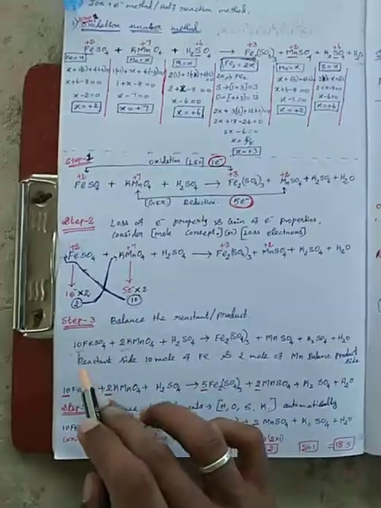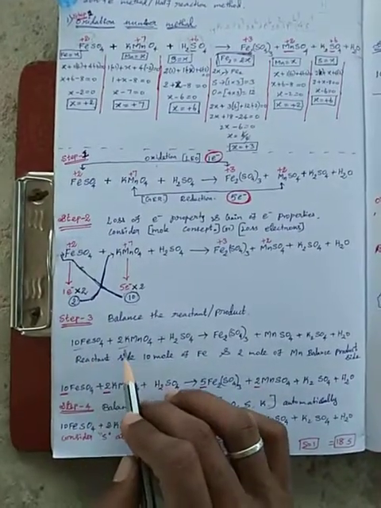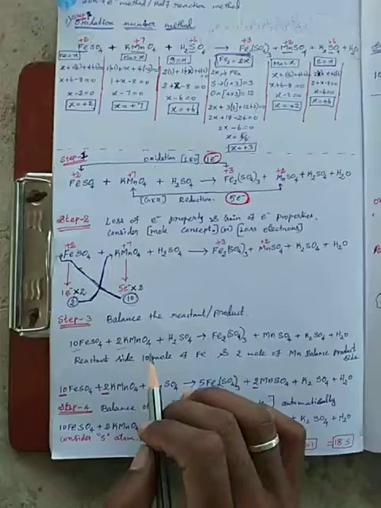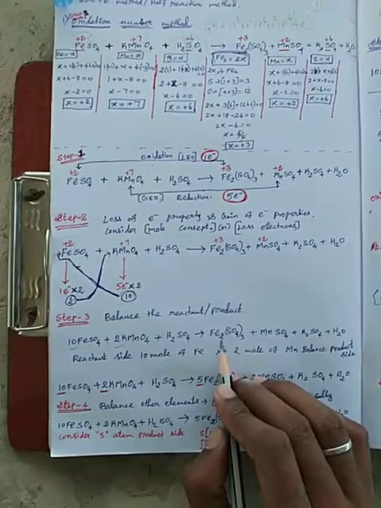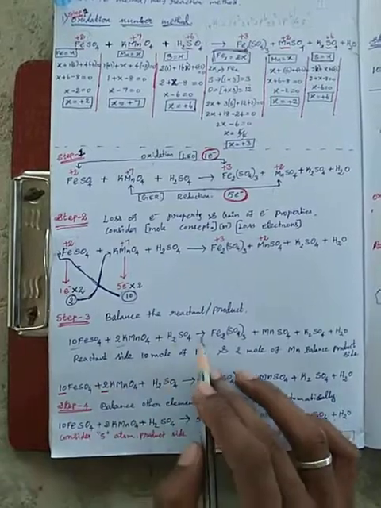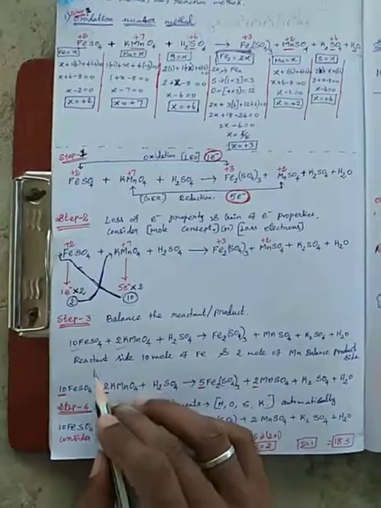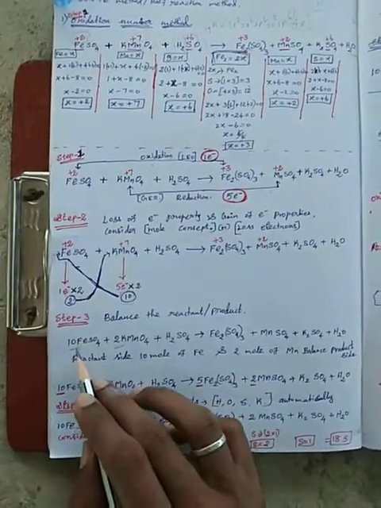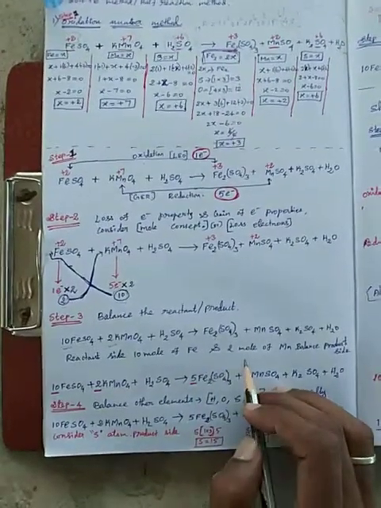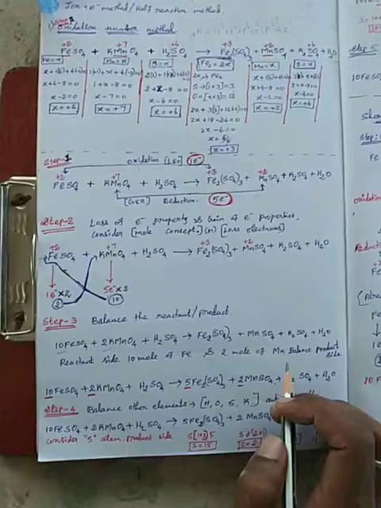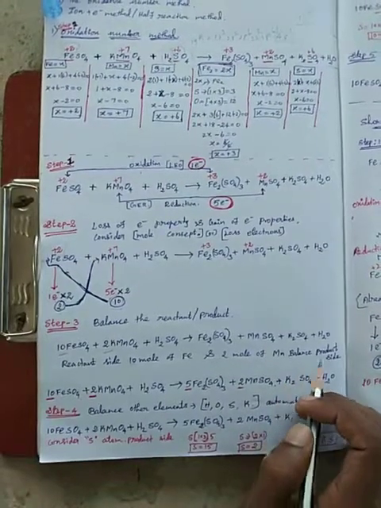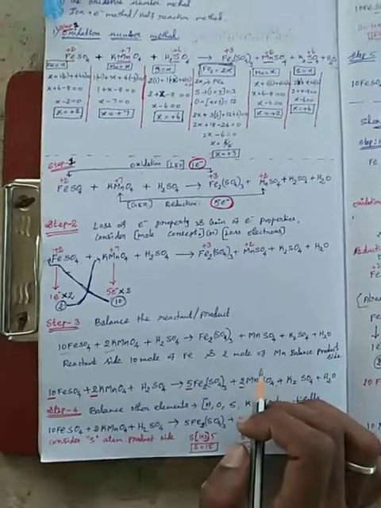The electrons method will be applied: 10 times ferrous sulfate and 2 times potassium permanganate, sulfuric acid, and the product part. Fe ions in the reactant part and product part are equal. Reactant part side: 10 mole of Fe ions and 2 mole of manganese. The balance of the product part will change.